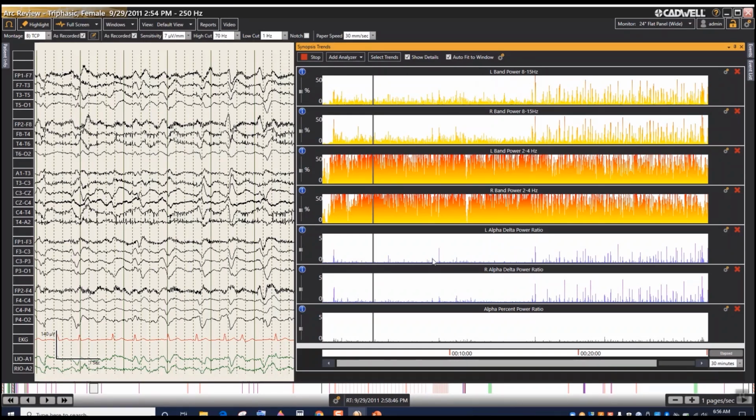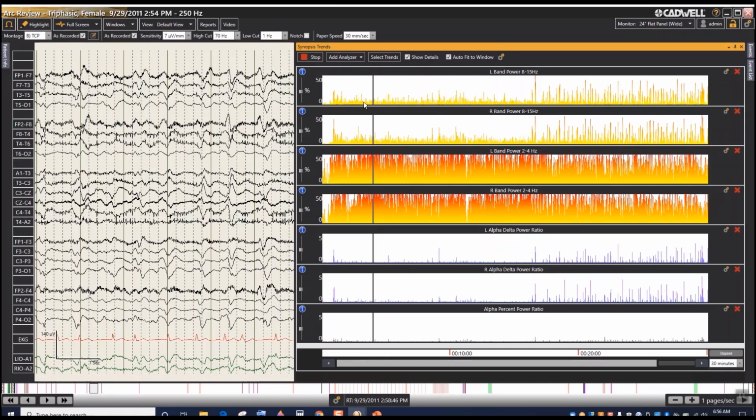And you can see in the trends at the bottom, we see alpha delta ratio on the left and alpha delta ratio on the right. And in both cases, what you see is a low percentage of alpha in the left band power, and it picks up a little bit as you get towards the end of the study.